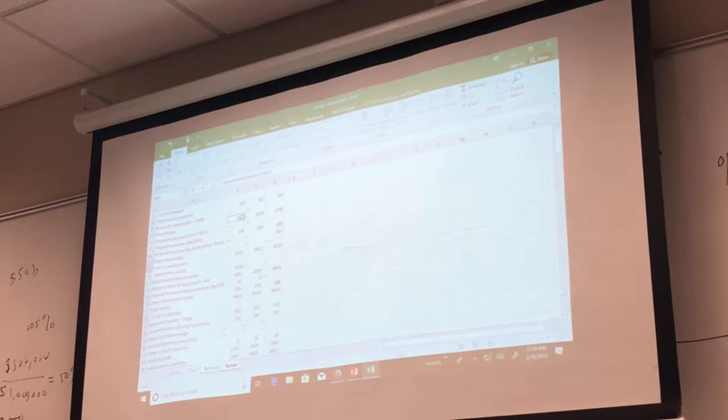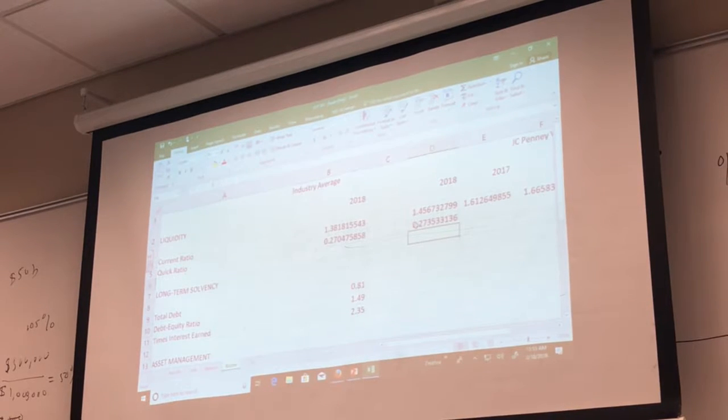Close parenthesis. Slash for division. Now we'll click on current liabilities, and it's B29.